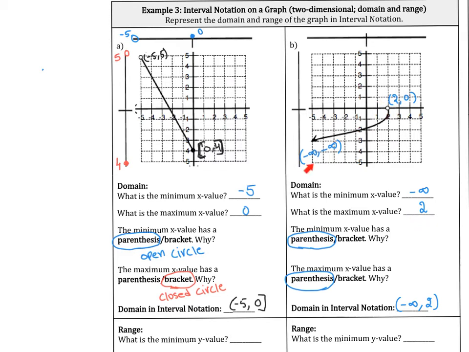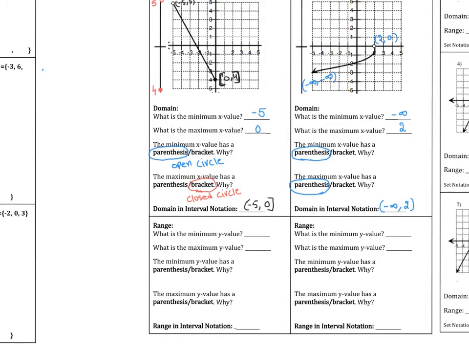Now, -infinity is never a closed bracket, it is always an open bracket, and this circle shows that this is also an open bracket. So my domain is going to be -infinity to 2, and both of them are going to be open brackets, because this circle shows an open bracket, and -infinity is never closed with a closed bracket.